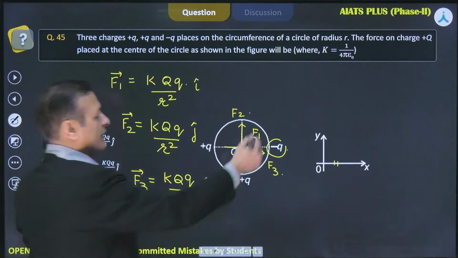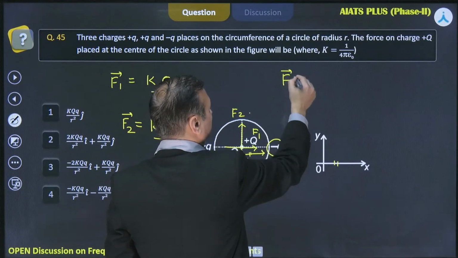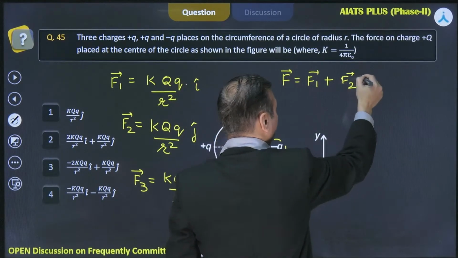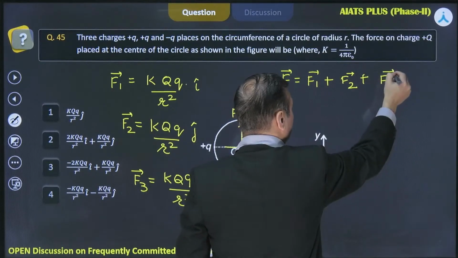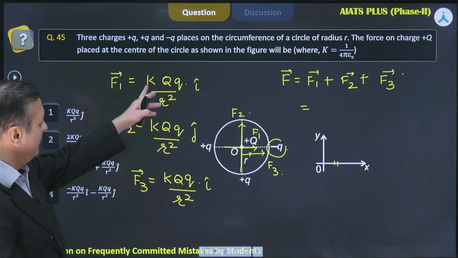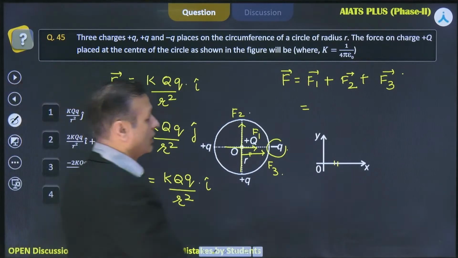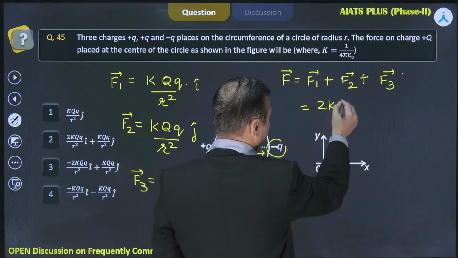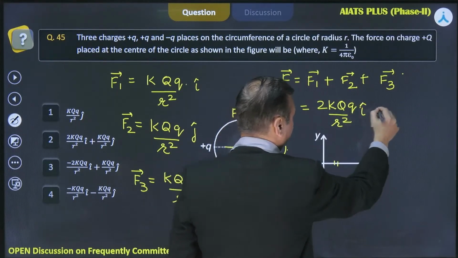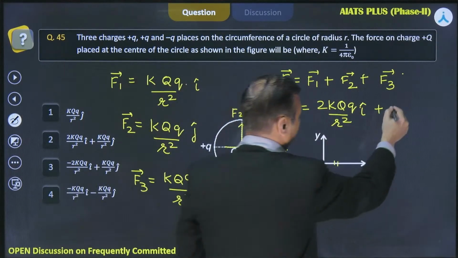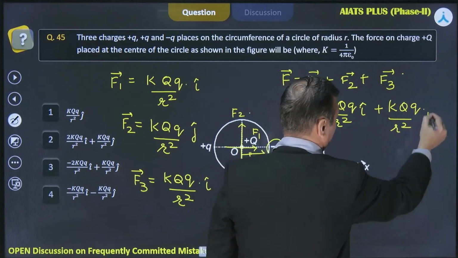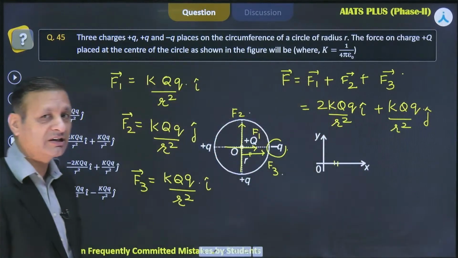The resultant force is simply the vector sum of all these: F1, F2 and F3, as per your superposition principle. So F1 and F3 both are along i, same in magnitude. So let's simply put it like this, plus j as such will be there, and this is the resultant force we have.